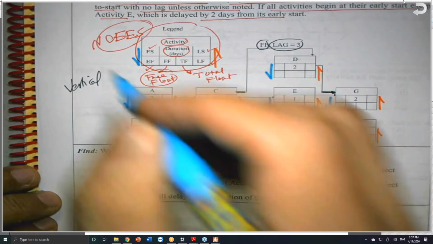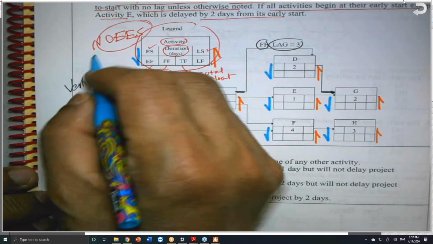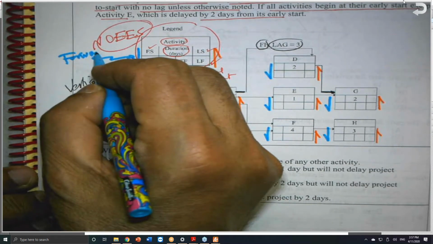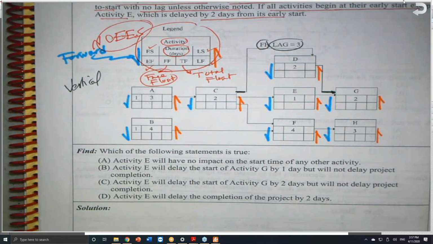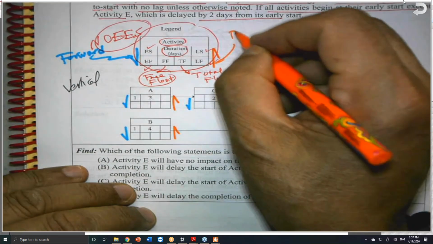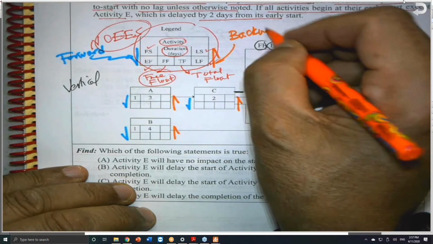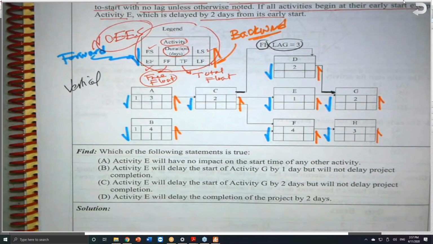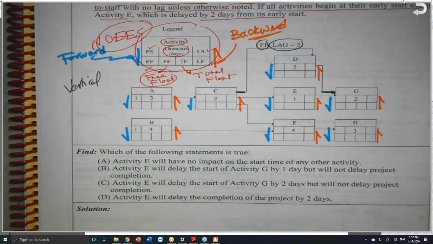So this is a forward. And the other one is a backward, the orange one. So let's continue, and hopefully you can help me catch my mistake.